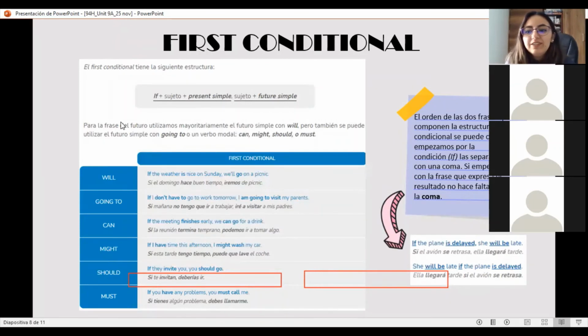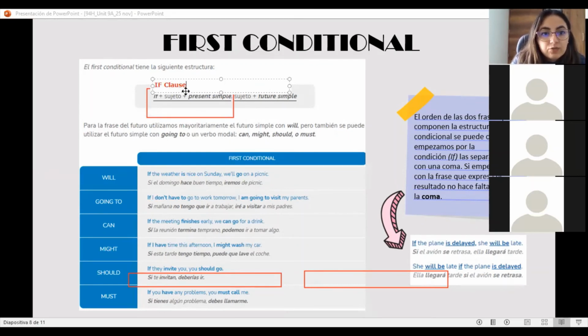And we have here the structure. Sí, aquí ya tenemos la estructura de este first conditional. Como les decía yo, el first conditional tiene dos partes. Y todos los condicionales en sí están formados de dos partes, de dos oraciones. La primera parte, que sería la if clause, que tenemos hasta aquí. Sí, esta la vamos a llamar la if clause.